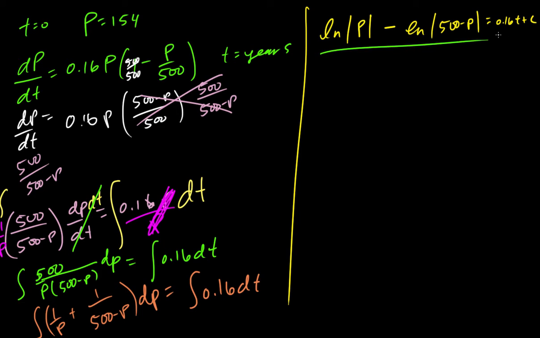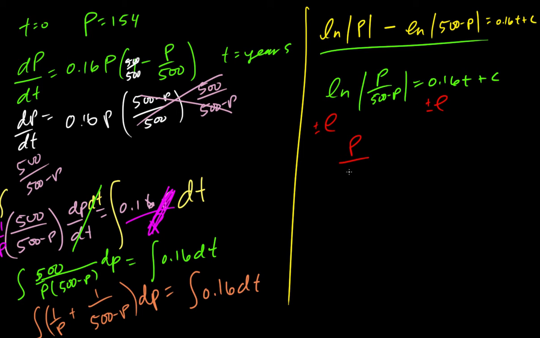And then we combine these with our exponent rules. And then we take e of both sides algebraically. We do plus or minus, and we get rid of the absolute value.